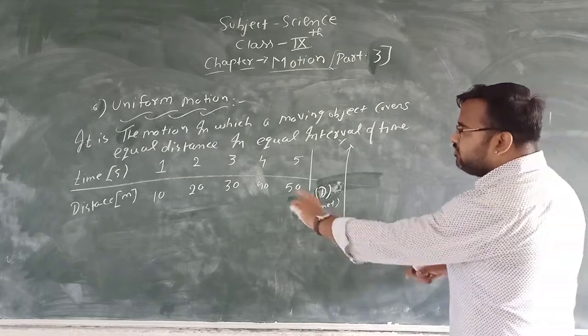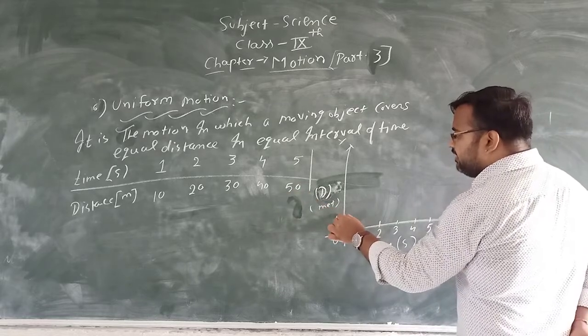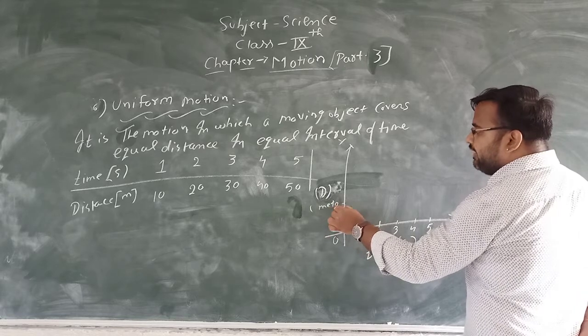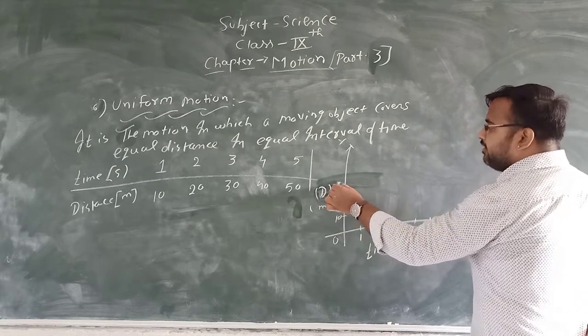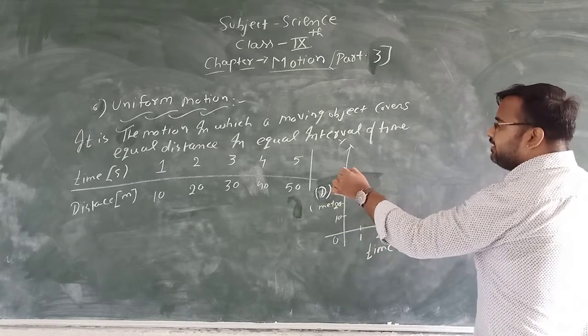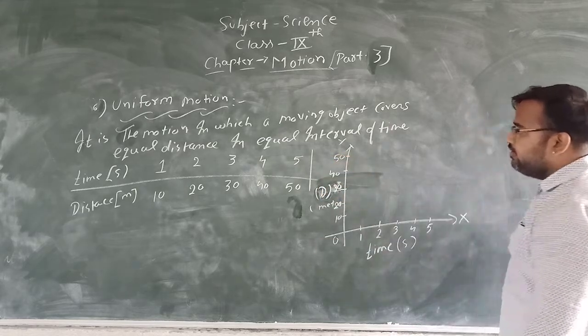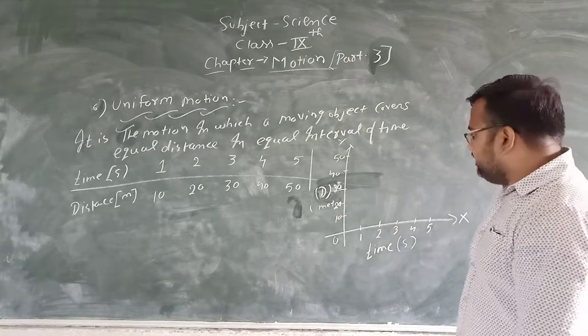And in first second the object is covered a distance of 10 meter. In second object is covered a distance of 20 meter. In third second object covers a distance of 30, fourth 40, and in fifth second object covers a distance of 50 meter. Okay.